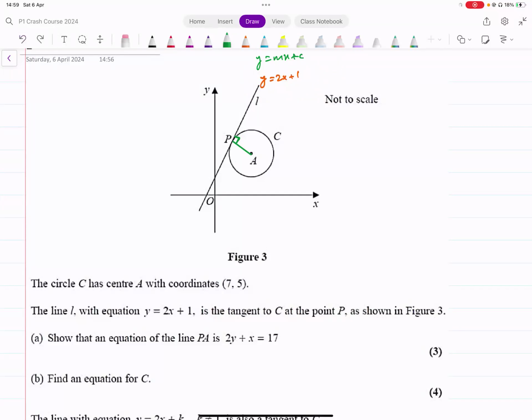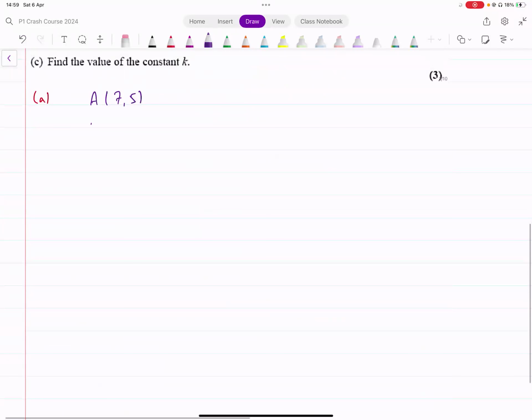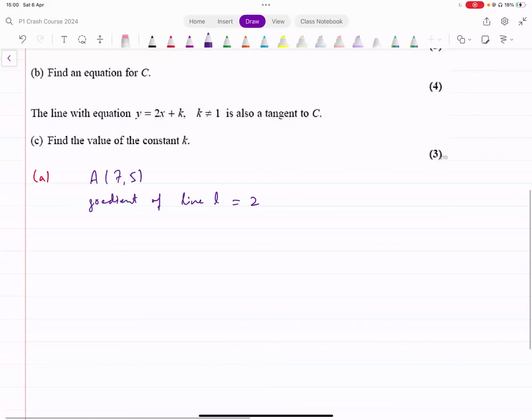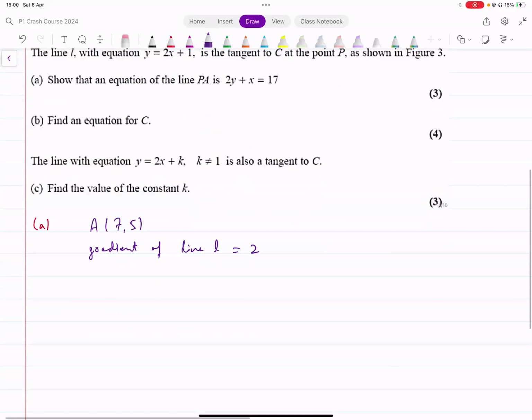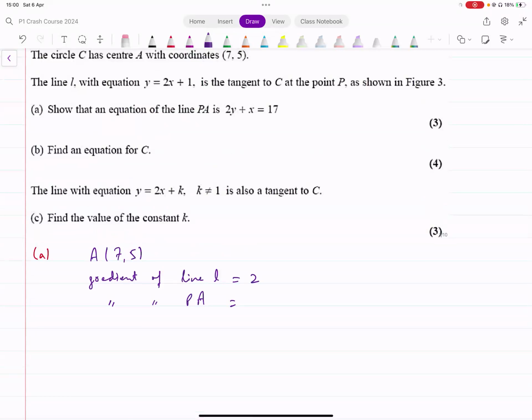So the gradient of line L is basically 2. Now, if the gradient of line L is 2, what about the gradient of PA? It's perpendicular to that, so it's going to be the negative reciprocal. That's minus 1 over 2.